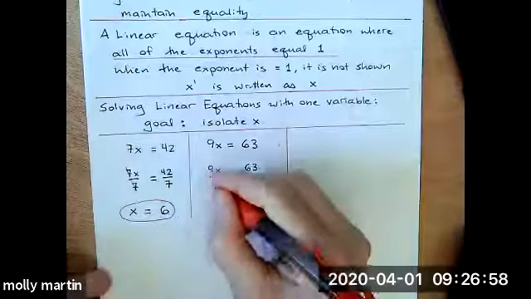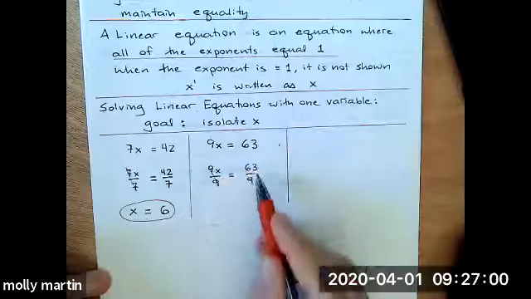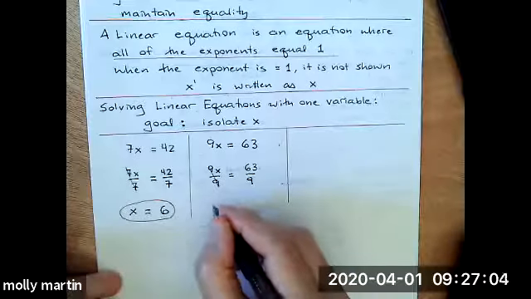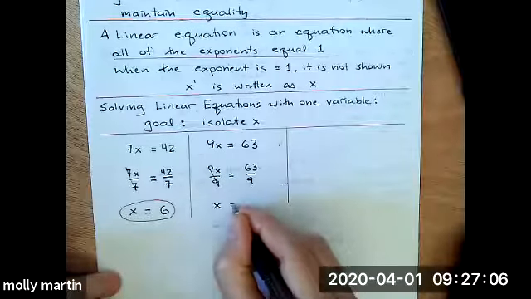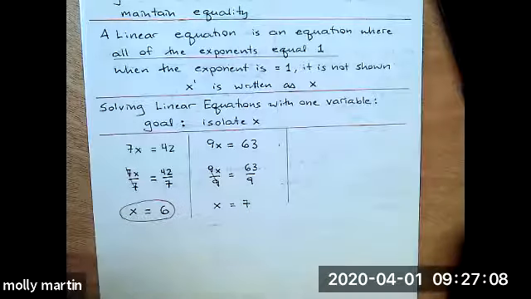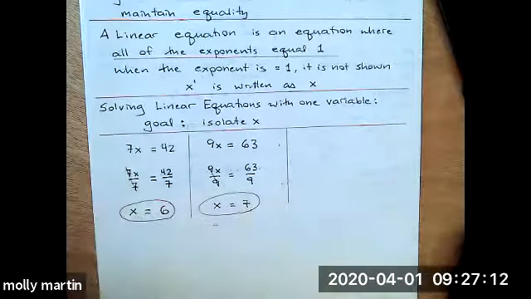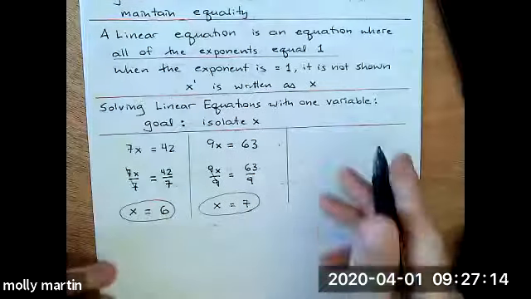Nine over 9 equals 1. 63 divided by 9 is 7. So x equals 7 is the solution.